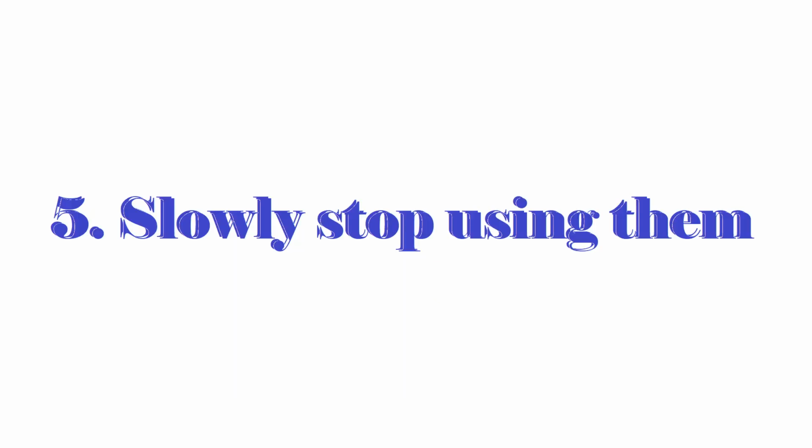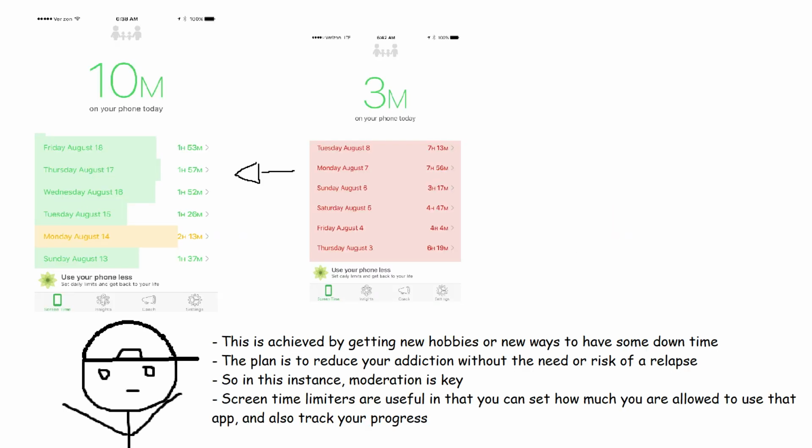Now, the fifth thing, this is personally what I have been doing, and it's what I believe. I believe that moderation is key. Anything too much is a problem. So, in this topic of breaking your social media addiction, what I would advise is to not quit social media, at least not immediately, but rather wind it down slowly.